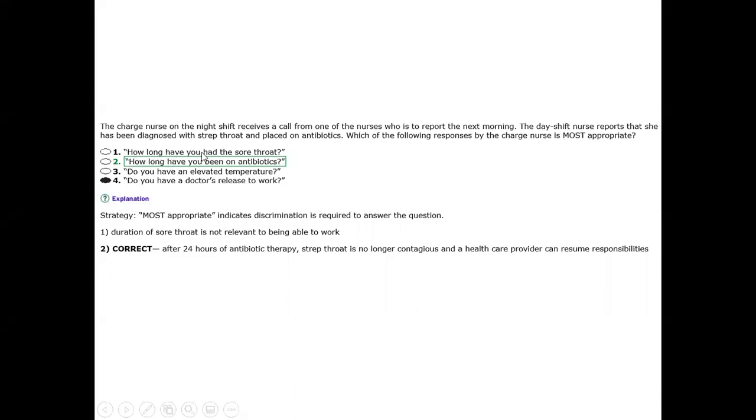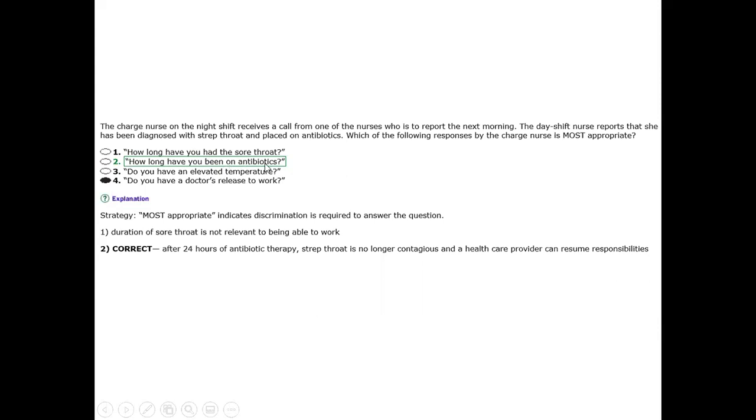How long have you had the sore throat? 5 days, 7 days, but it is not the appropriate question. It does not make the decision whether you will allow her to work or not. Number 2, how long have you been on antibiotics?